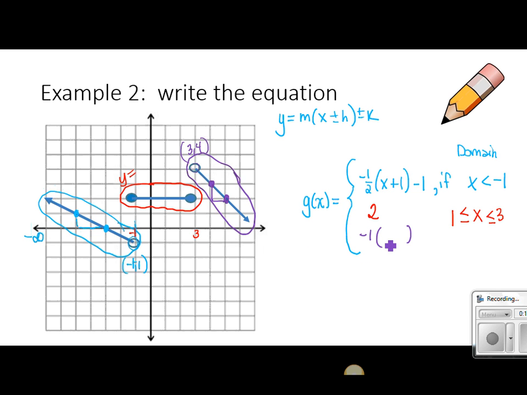So I went right 3, so that would be -3, and I went up 4. Then the domain or the restriction of this graph would be 3 all the way to infinity. That's interval notation. A way to write that as an inequality would be x is greater than 3, knowing that I don't include the 3 because it is an open circle. So that would be the equation of my piecewise.